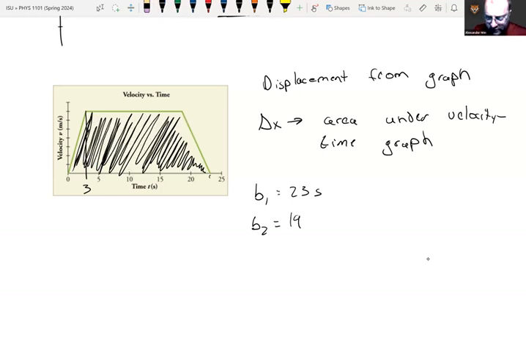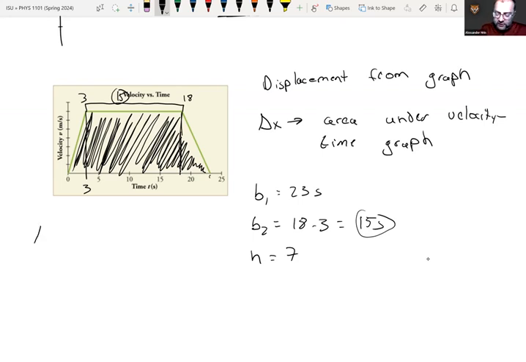Actually, no, sorry. It would not be 19. It would be 19 minus 3, which would be 16. Just to make the calculations a little bit easier, I'm going to say it's 18. So it's 18 minus 3, which would be 15. So the entire length is 15 seconds right there. And then the height is 7.